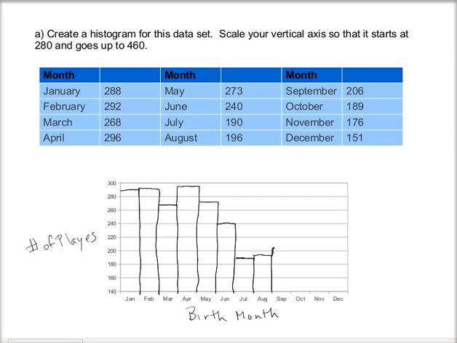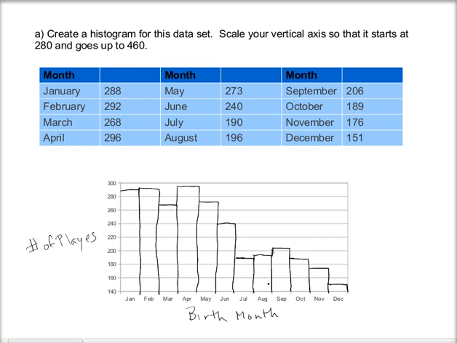It's gone up a little bit more now. October is back down to 189. November is 176. And finally for December, I've got the lowest number, 151, which is about halfway there up to the first mark.